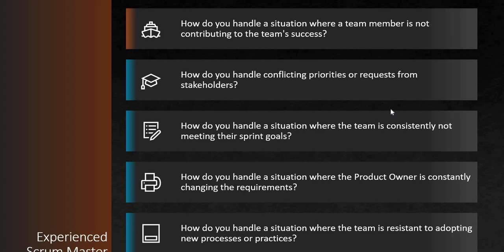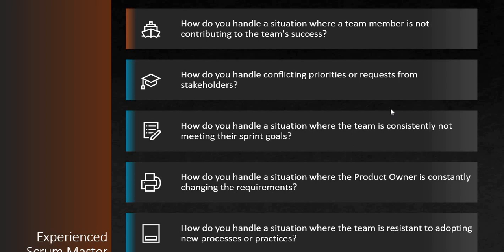How do you handle a situation where a team member is not contributing to the team's success? As a Scrum Master, it's important to first address the issue with the team member privately to understand their perspective and any challenges they may be facing.